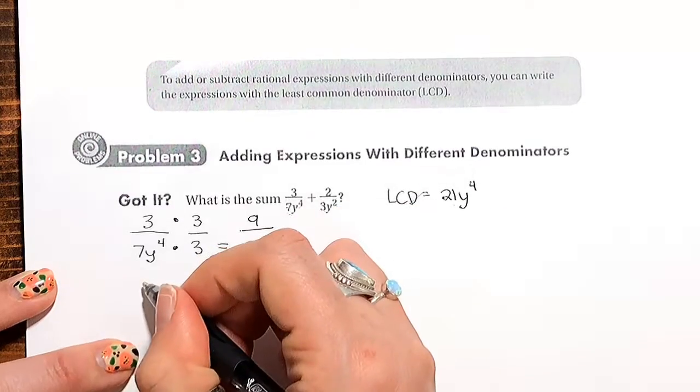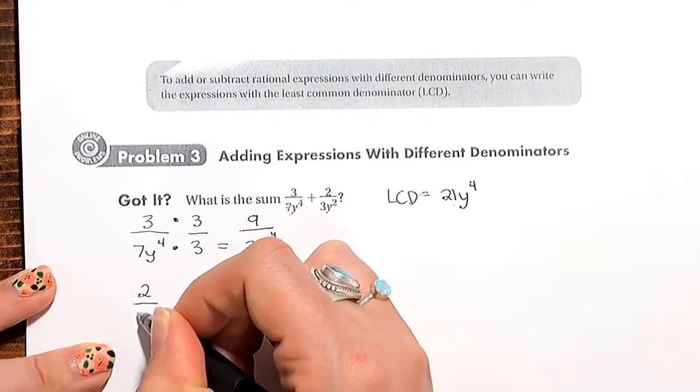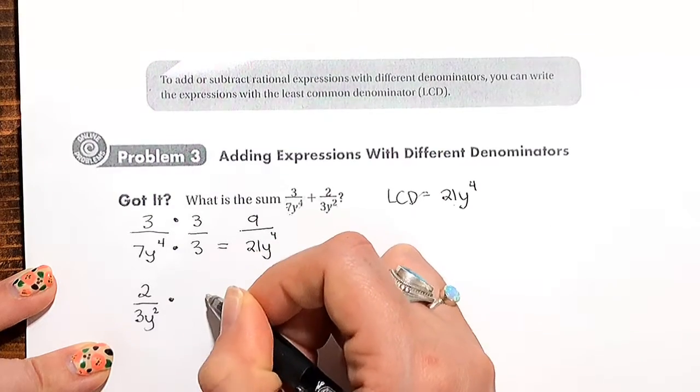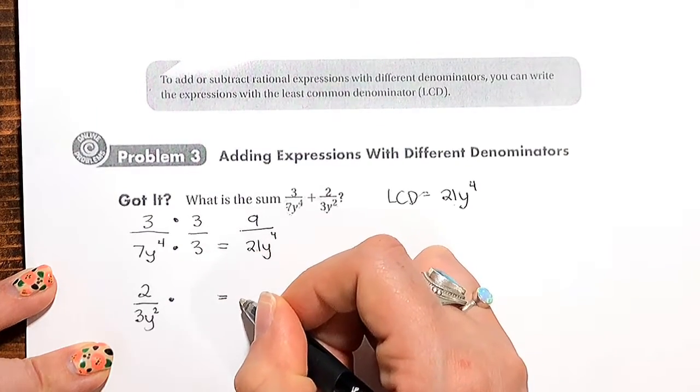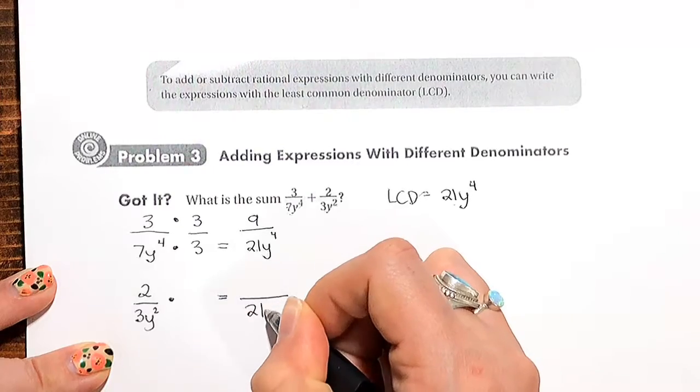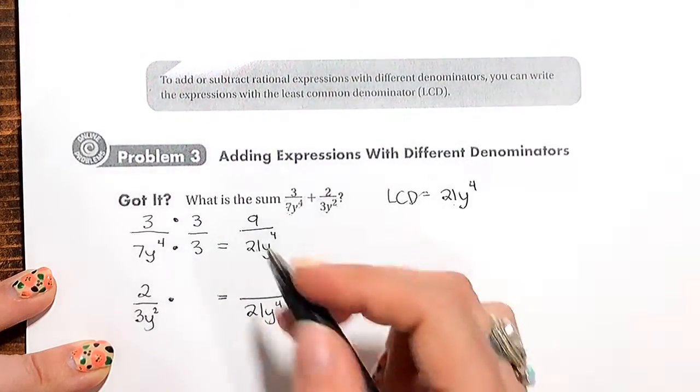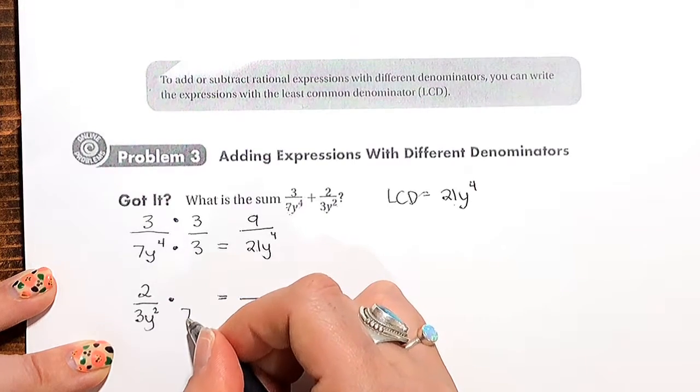And then let's do the same thing for the second fraction, 2 over 3y squared. I need to think, what do I times it by in order to get a denominator of 21y to the 4th? Well, to get 3 to turn to a 21, I need to times it by 7.